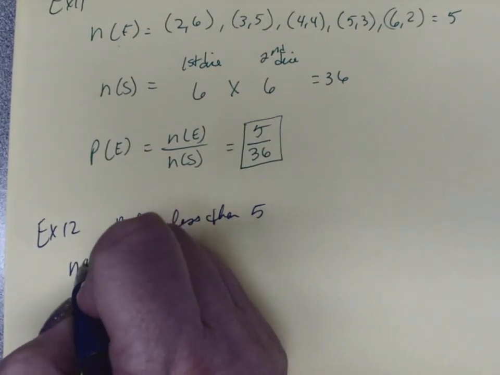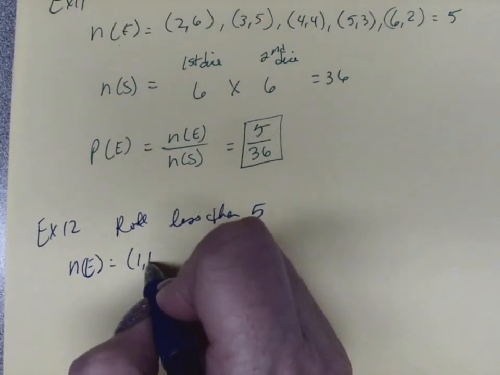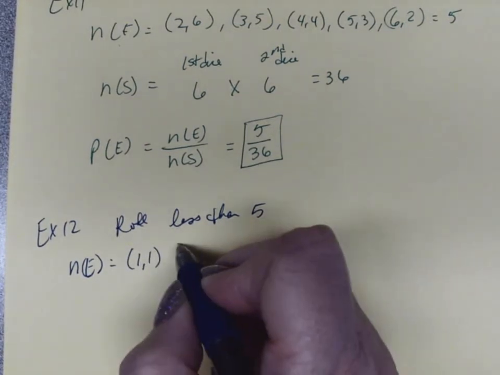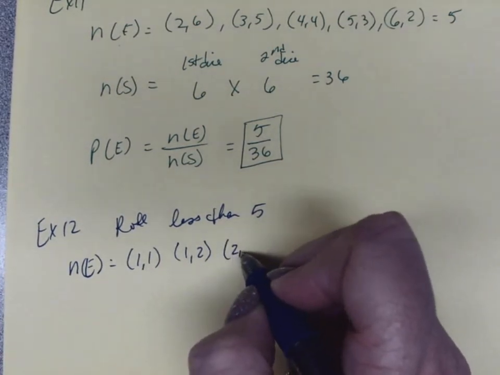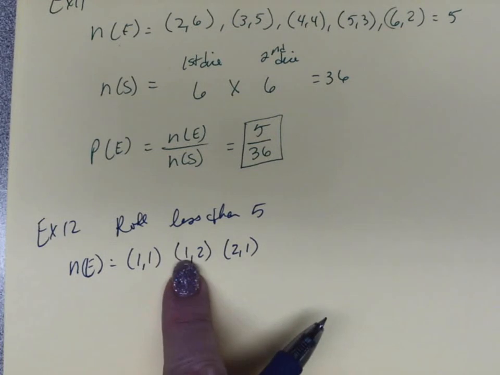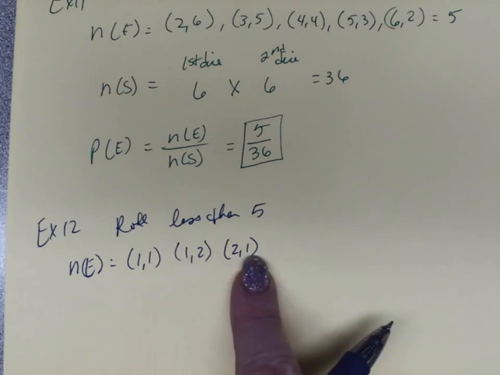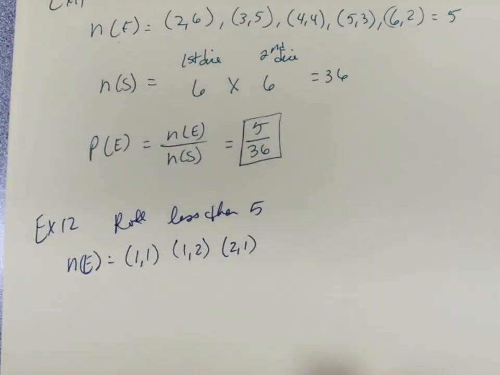Our event, the number of ways it can occur: I could roll 2 1s. I can roll a 1 and a 2. I could roll a 2 and a 1. So 1 and 1, that's 3. That's a 2 and a 1. Does it say less than 5 or less than 4? Let me double check. It says less than 5.